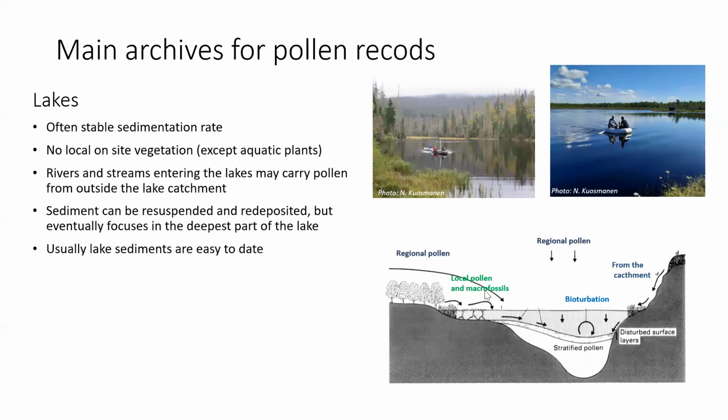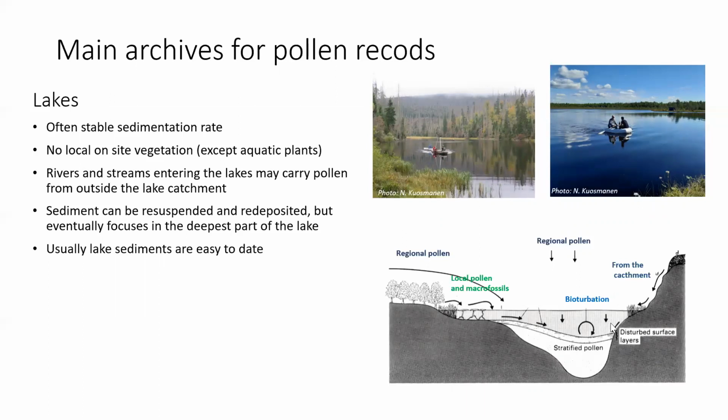You get some of the local pollen, but the local vegetation is usually aquatic vegetation, and usually the aquatic plants are more self-pollinating and are not producing that much pollen, so it doesn't cause very big bias in the results. In lakes, there might be the situation that you get pollen with the runoff from the catchment, which then needs to be taken into account.